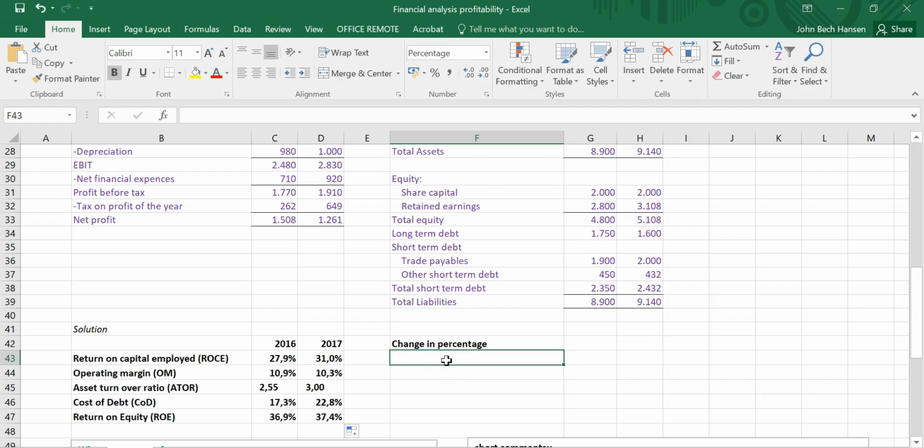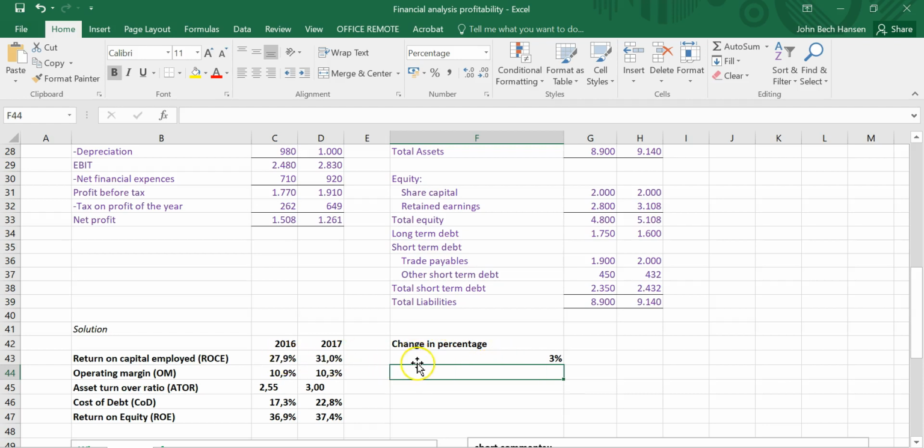So if I take the result of 2017 minus 2016, I can see that I have a change of 3 points.